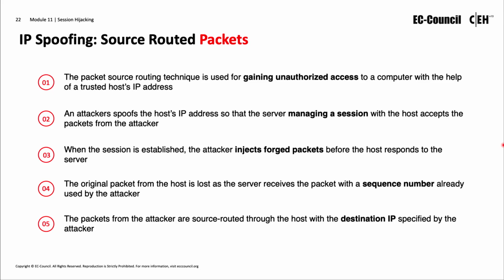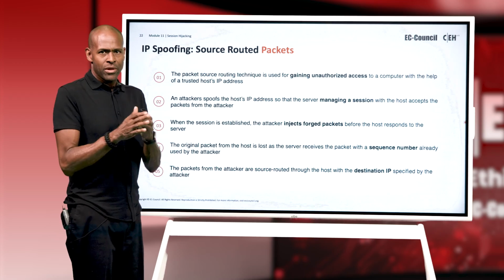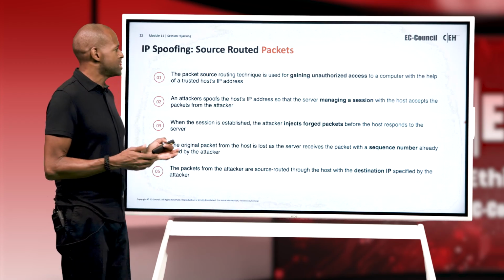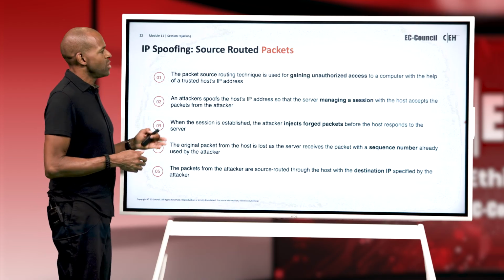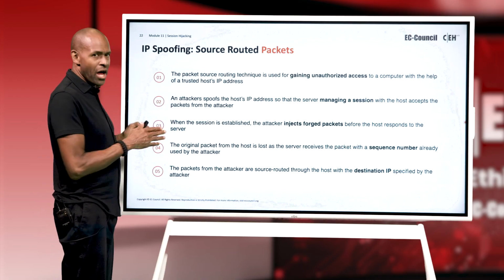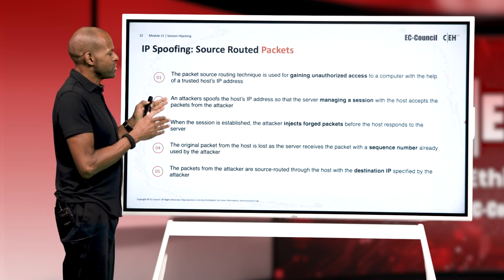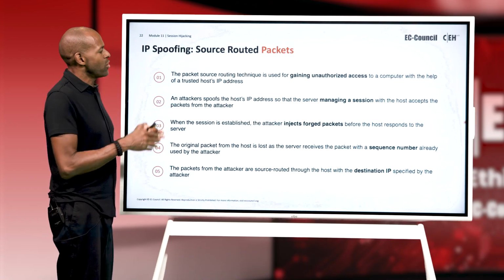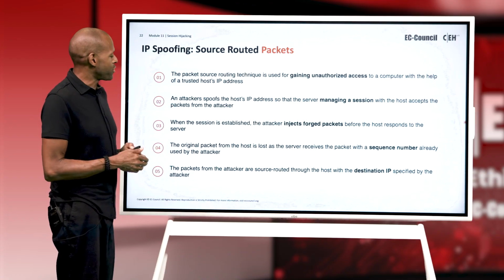There's another way, and we're going to see this in a couple of other areas too. This is called source routing. I think we already talked about it in one of our previous modules, but in source routing, if you don't like the path that your packets are taking, just choose another one. So what we want to do is get unauthorized access, and what we're going to do is spoof the host IP address in order to get that server session.